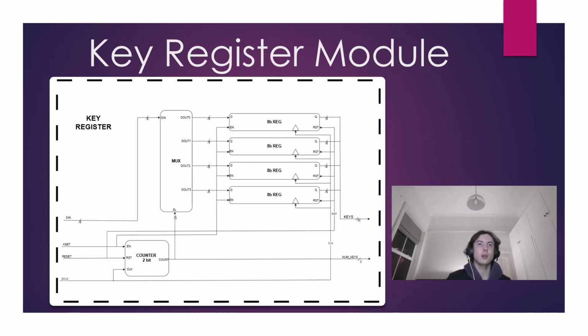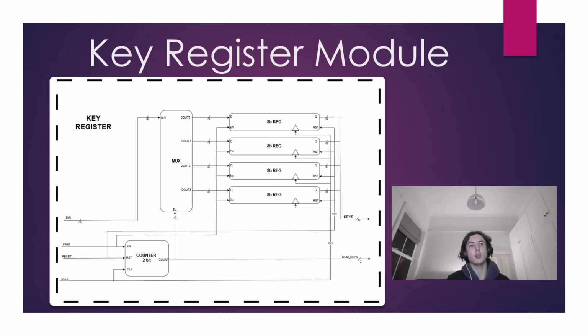So when data comes into the system, we use the counter to direct this data into one of the 4 registers. When this is done, the system then increments its counter, therefore moving on to the next key.